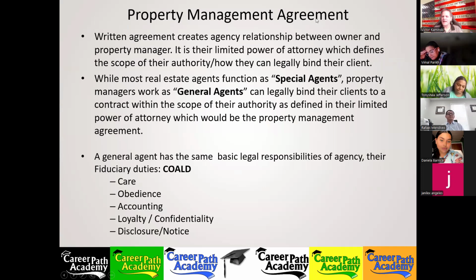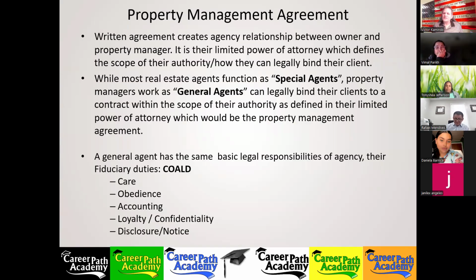So a management agreement is a written agreement that creates that agency relationship between the owners and the property manager. It's their limited power of attorney, which defines their scope of authority on how they can legally bind their clients to contracts. We went over this in chapter 3 too.